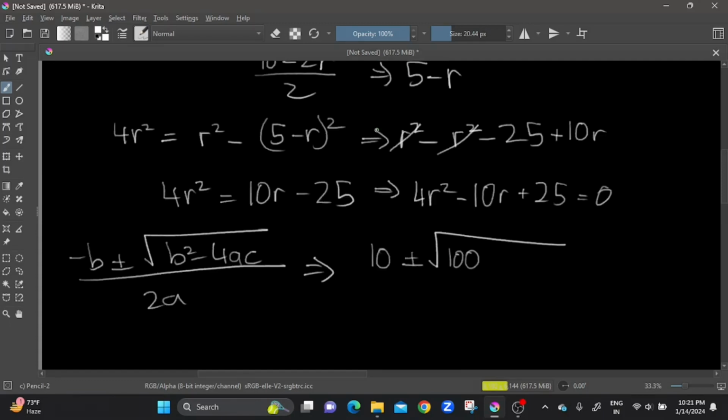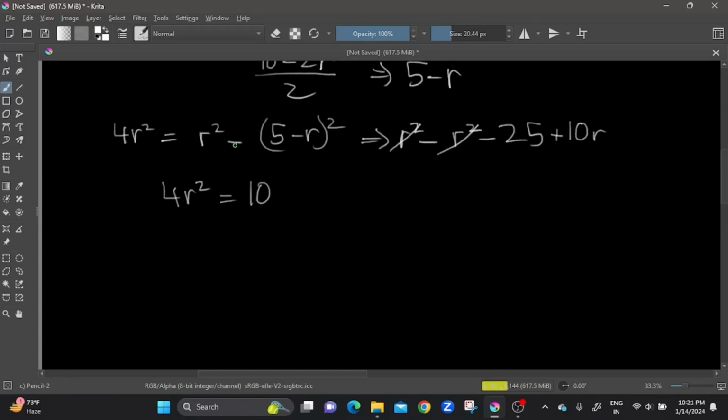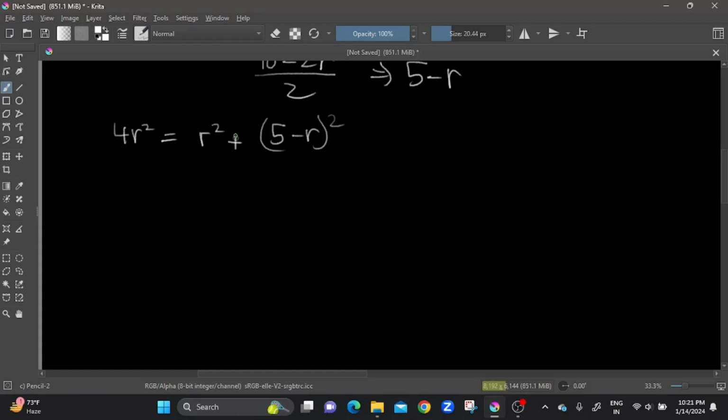Wait, what? Alright, so I found the error actually. It's again the one thing that messes up most people when it comes to algebra: signs. So basically I'm supposed to take this as plus, because this is the hypotenuse and these are both bases. So fixing that real quick, we're going to get 4r squared is equal to r squared plus r squared plus 25 minus 10r, right?